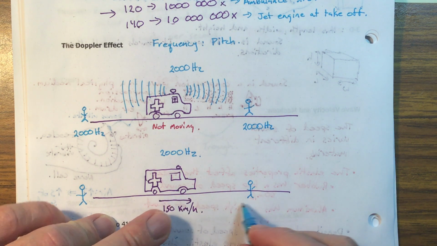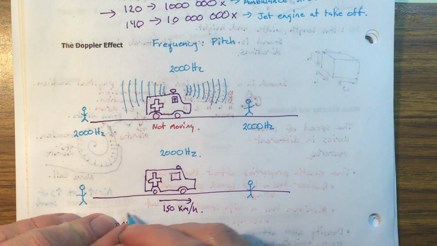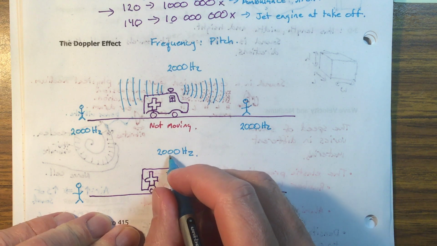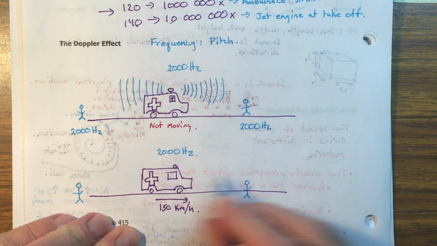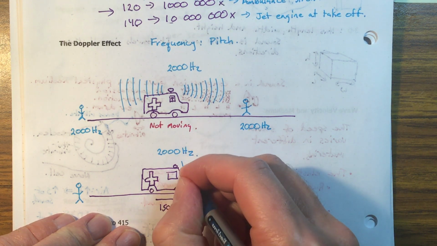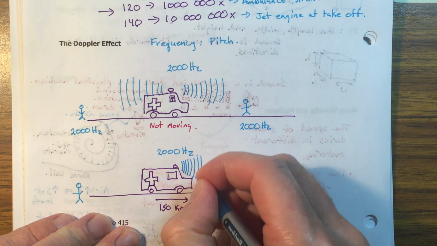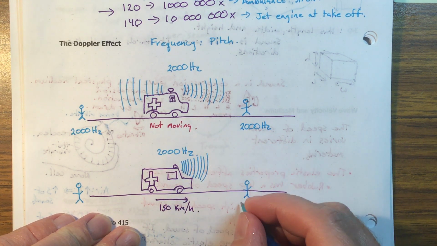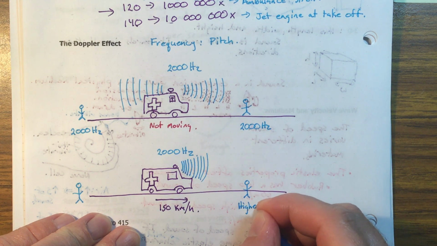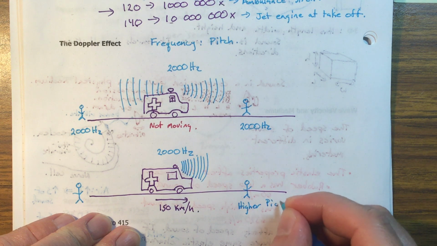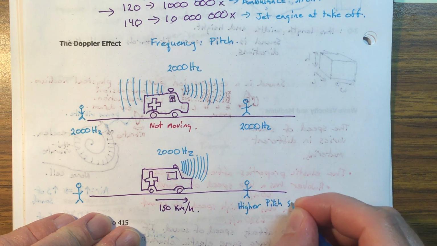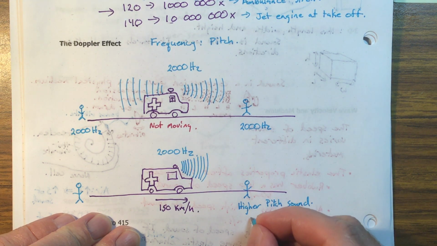But because the ambulance is moving this way, and the source of the sound is moving in this direction, the sound waves are going to be tighter together here. And this guy is going to hear a higher pitch. So his sound is going to be greater than 2,000 hertz.